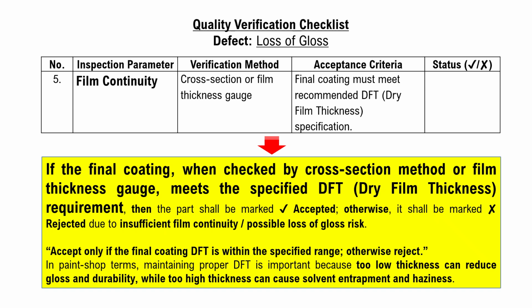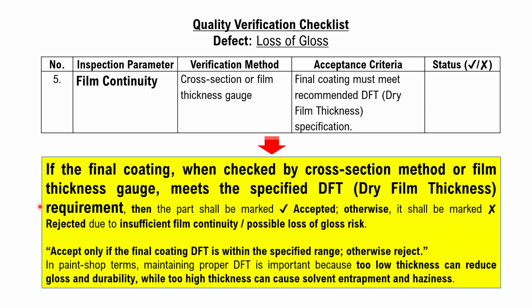Coming to the fifth inspection parameter, and that is film continuity. The verification method is cross-section or film thickness gauge. If the final coating, when checked by the cross-section method or film thickness gauge, meets the specified dry film thickness requirement, then the part shall be marked as accepted.